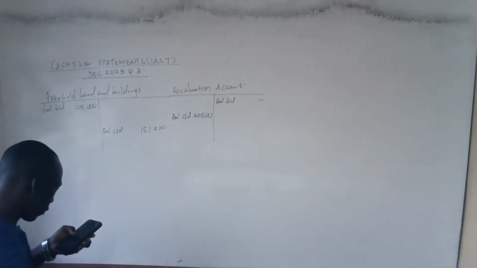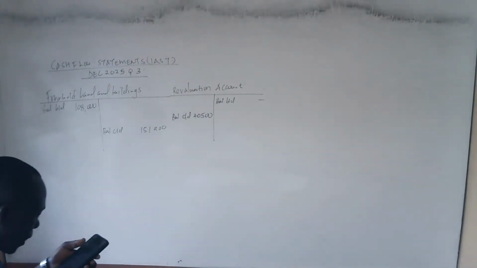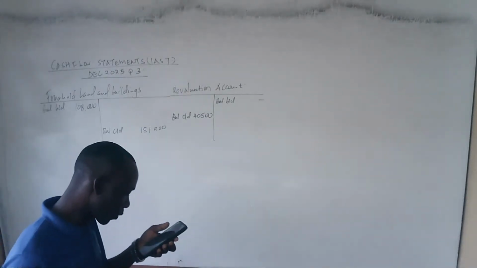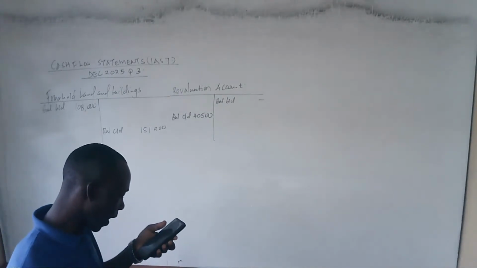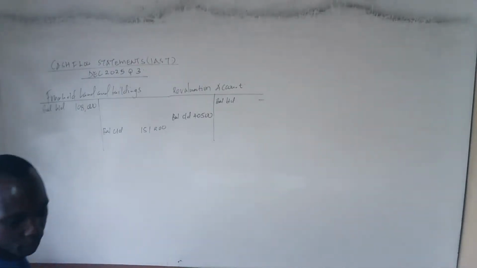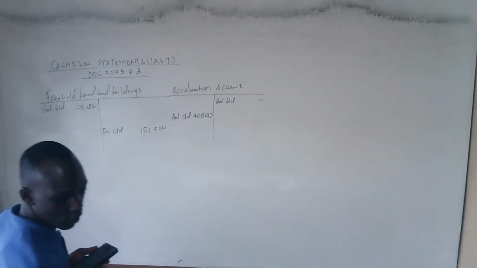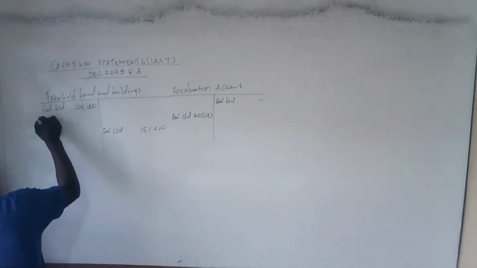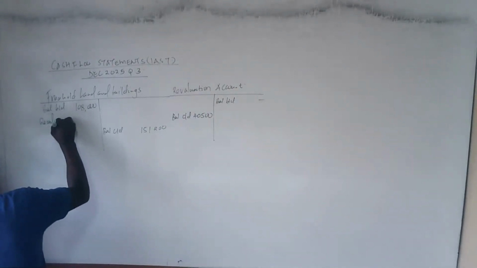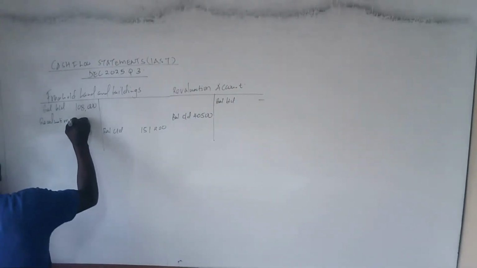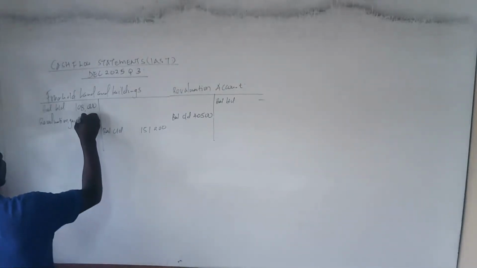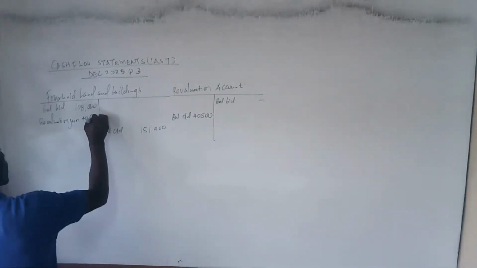And then in the additional information, number 1, you are told that the revaluation reserve relates to the freehold land and building, meaning that the land and building was revalued upward. So therefore, we have a revaluation gain. Revaluation gain of how much? Of 40,500.